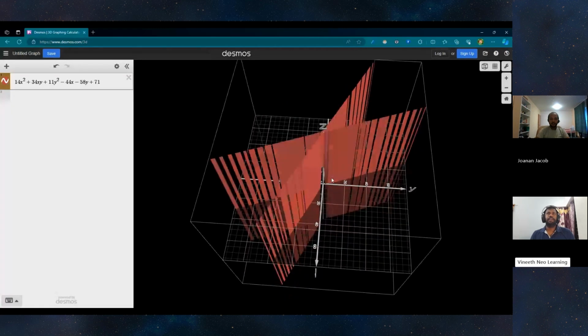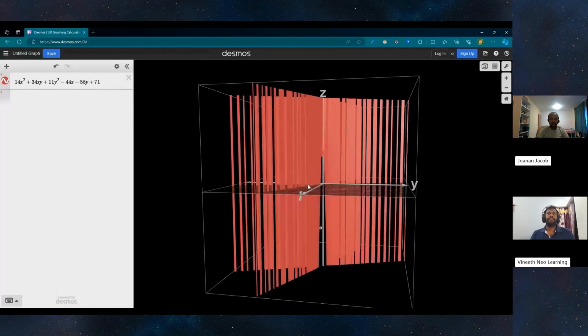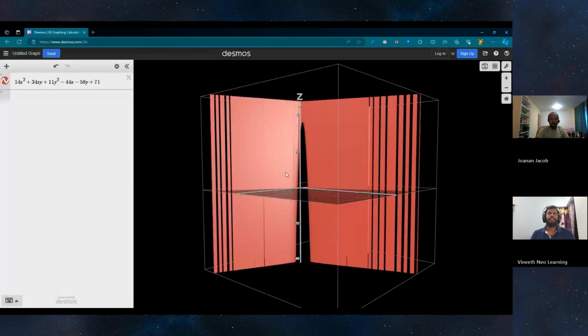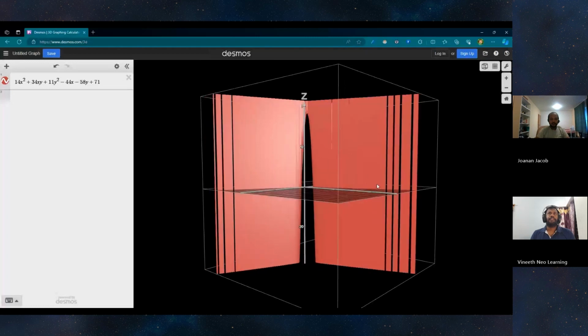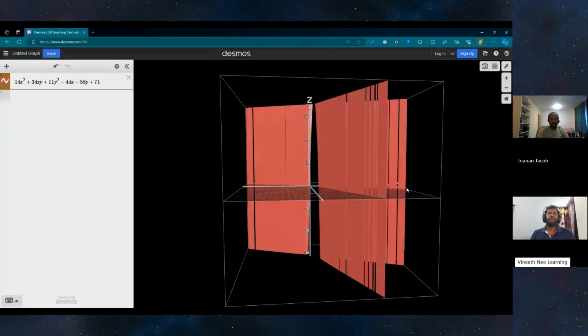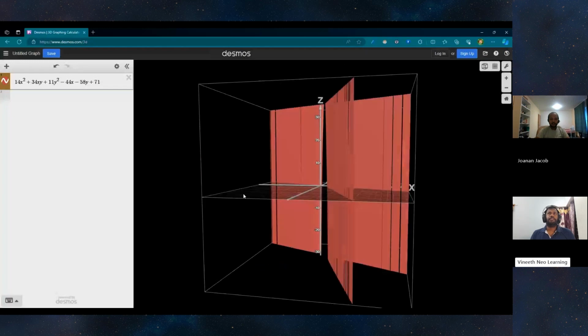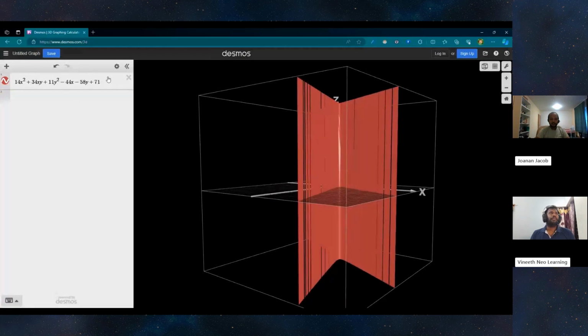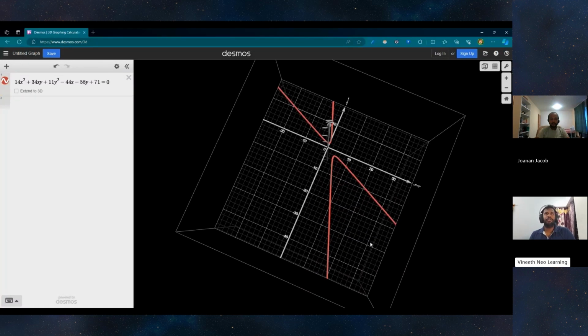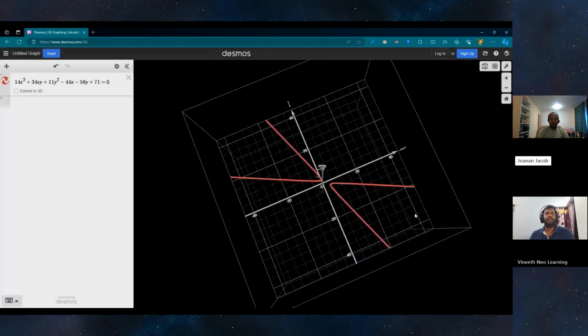This joins here. This passes through the xy plane at the points where this is equal to 0, which actually results in a hyperbola.